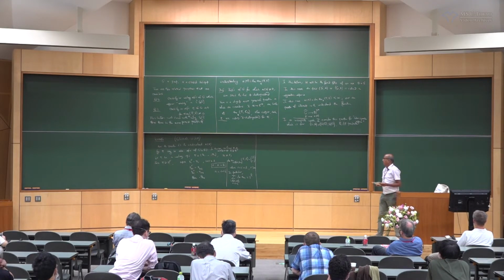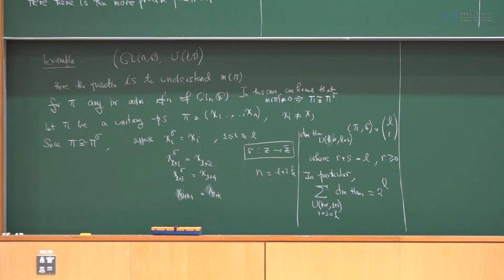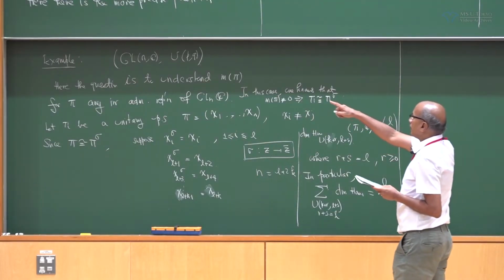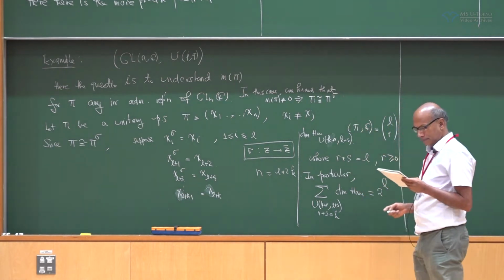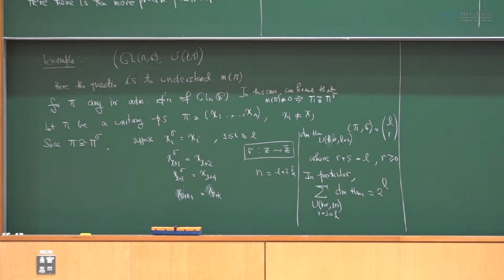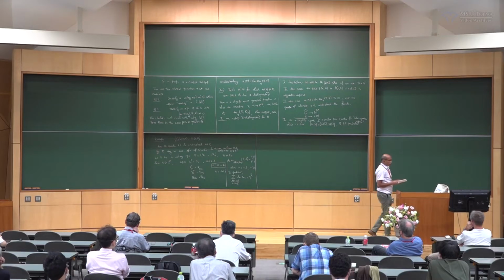One way to think about this example is that in the flag variety of GL_n(C), the number of open orbits is this.